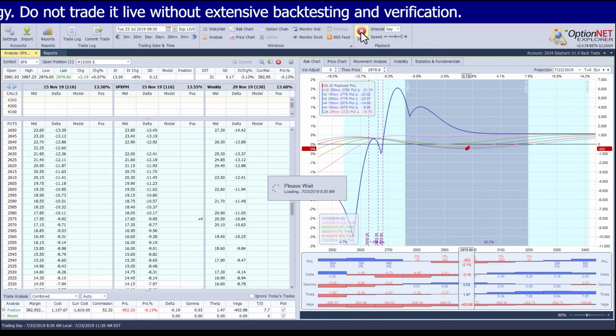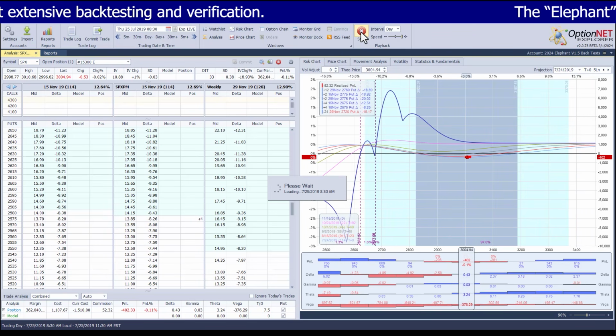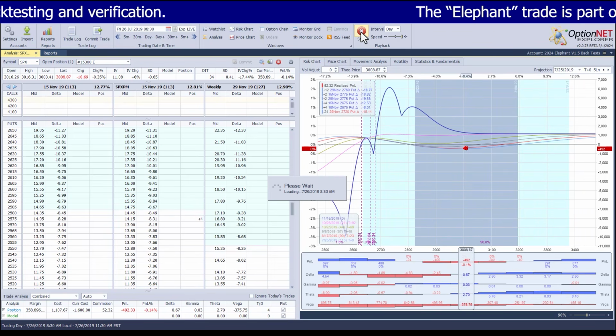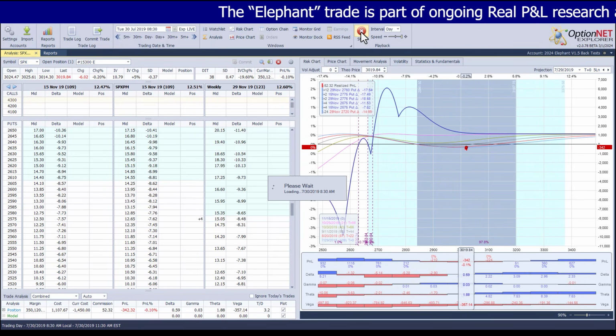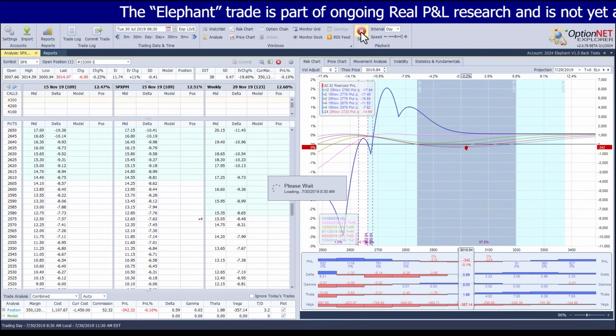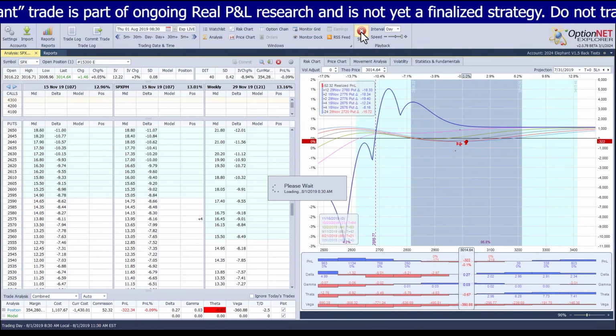Minus 500. See if we get down to minus 1,500. Probably when we get into August, we're getting close. Okay, here comes August of 2019.